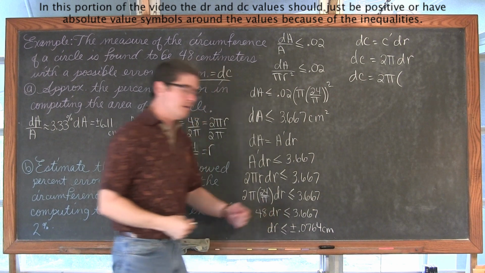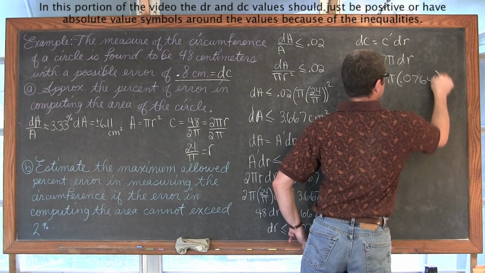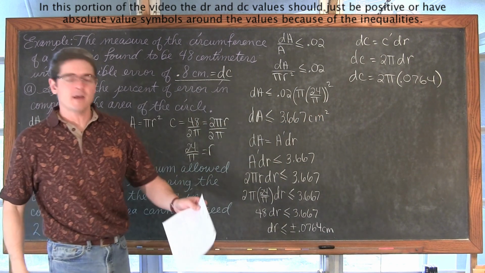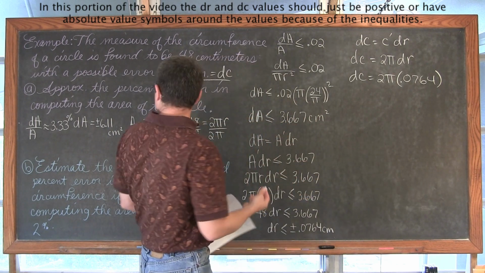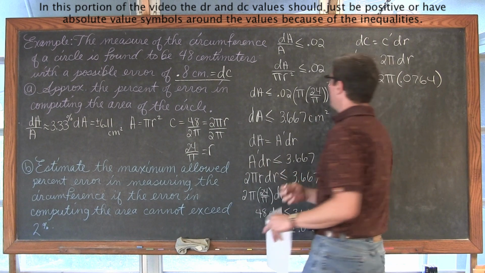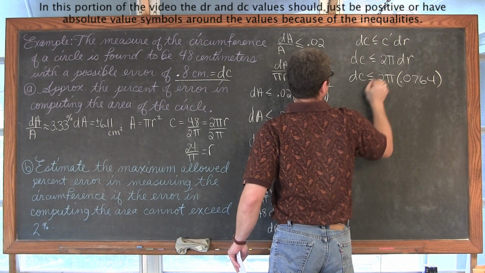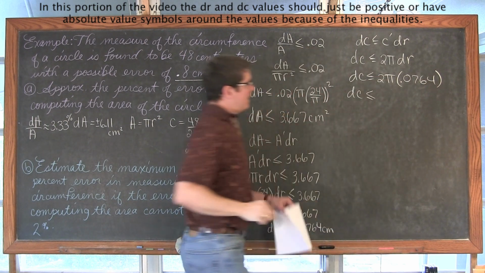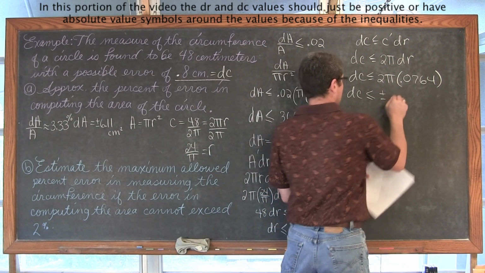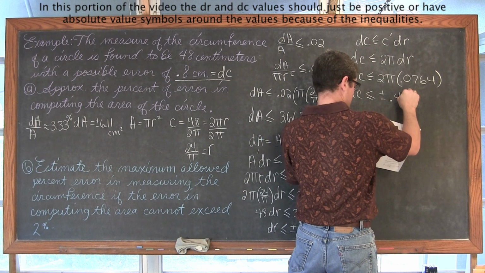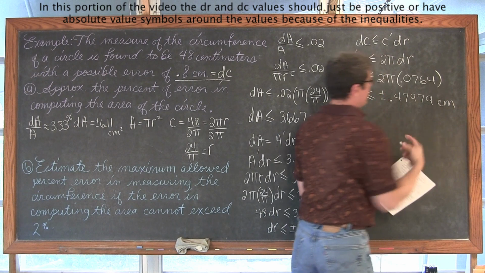All right, so dc is 2 pi times dr, and our dr value again is approximately 0.0764. For the maximum allowed error, this has to remain less than or equal to 2 pi times 0.0764, which comes out to be plus or minus 0.47979 centimeters.